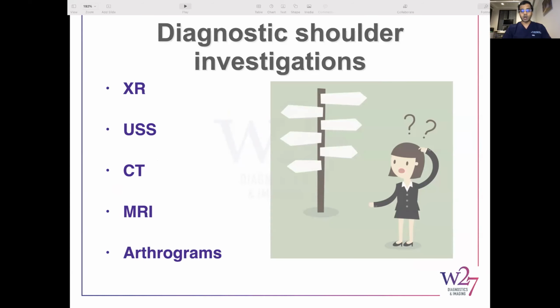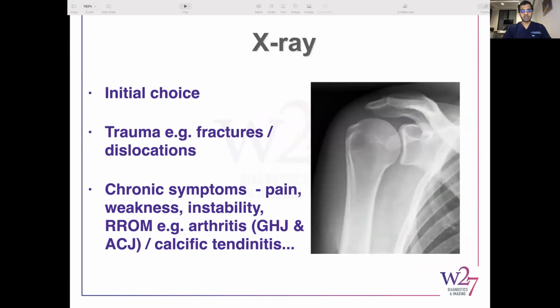So the common investigations that we tend to use, particularly in musculoskeletal imaging, are radiographs or x-rays, ultrasound, CT, MRI, and arthrograms. And I'm going to touch briefly on each of those imaging modalities this evening.